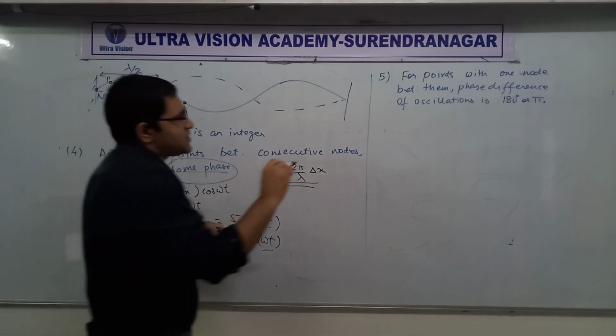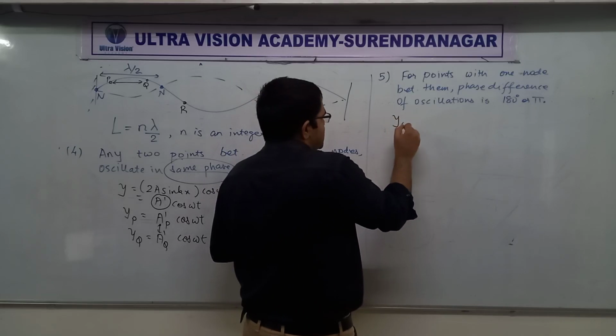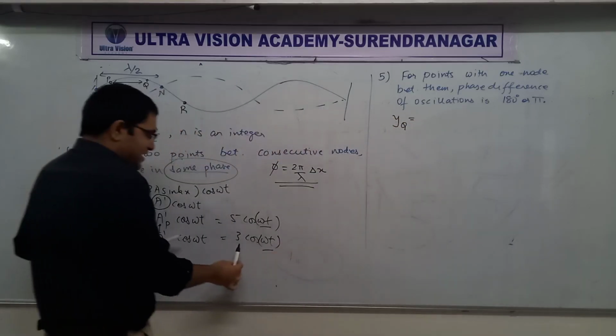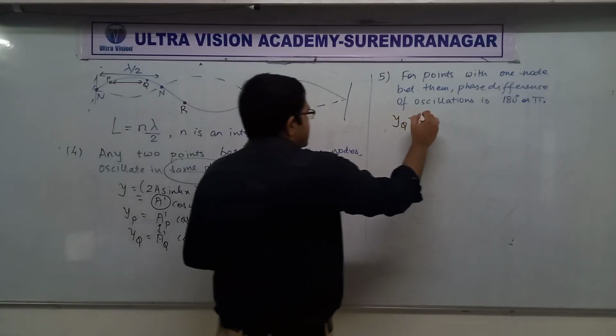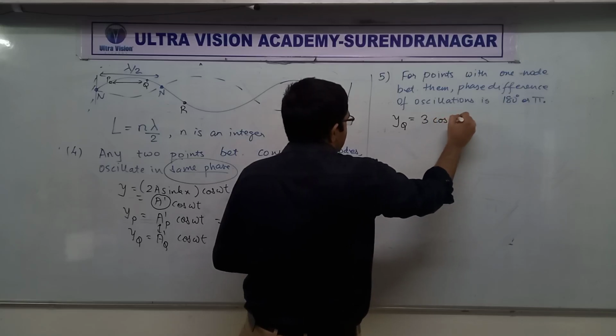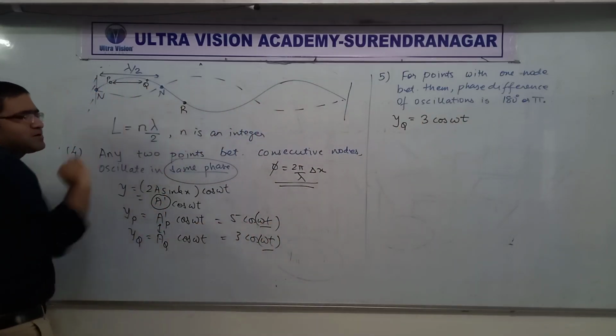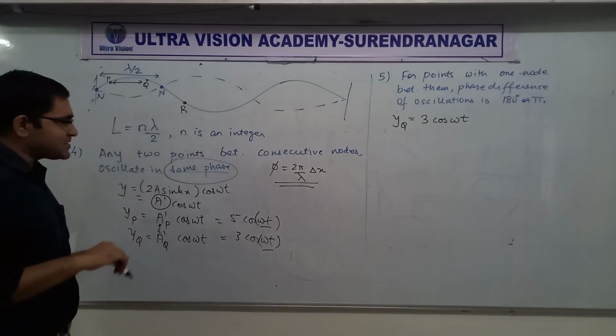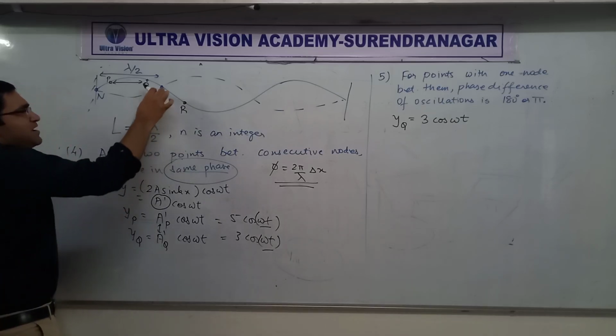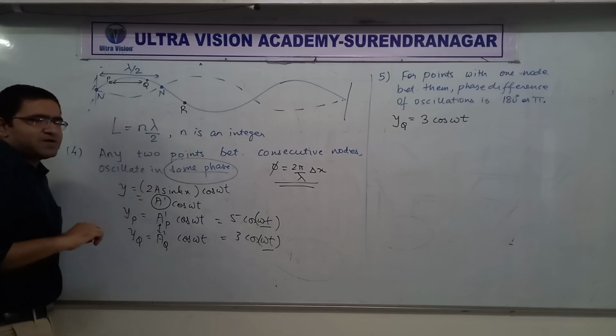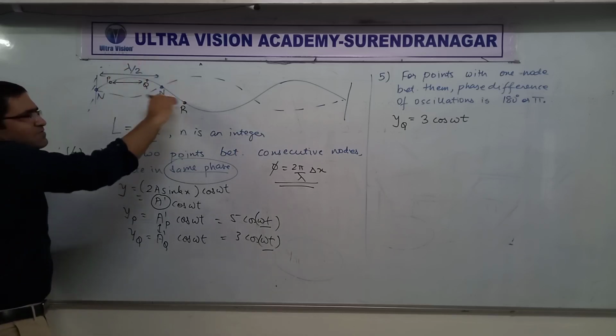Focus on point Q and R. So for Q, we have already written that it will be something like, let's say, 3 cos omega t. Okay, for example. But now for R, we are seeing that when Q is on the positive side, when Q is upwards, R will be downwards.